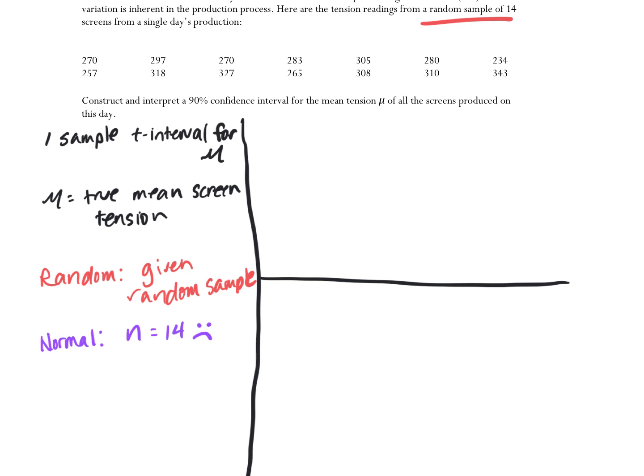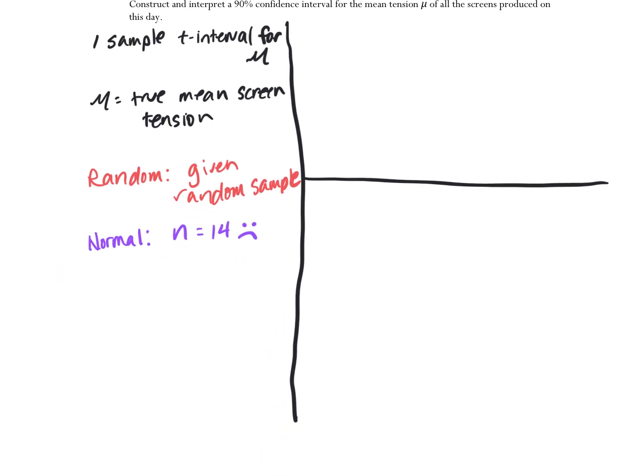In my opinion, the quickest, easiest graph to do of the sample would be a quick dot plot. So I'm going to look at these. It looks to me like the highest one is 343.